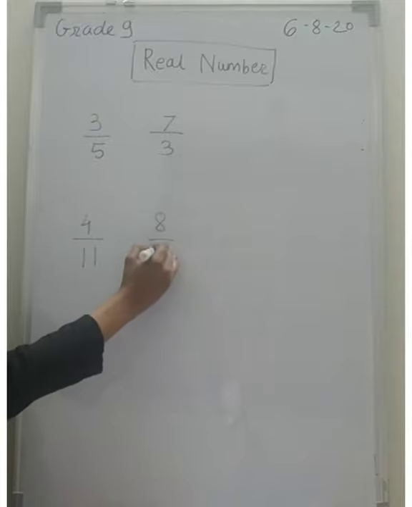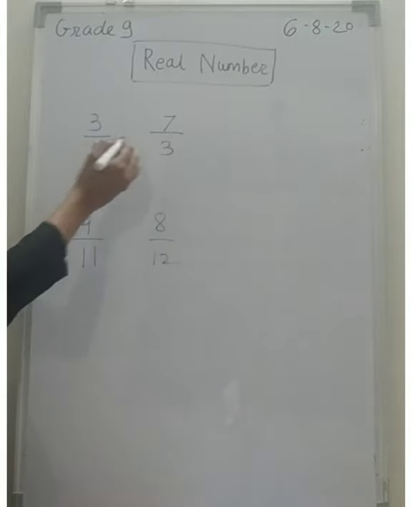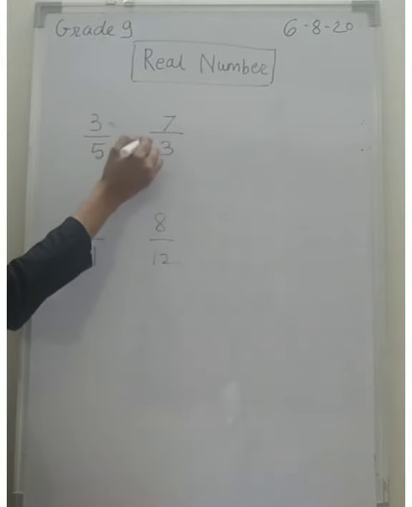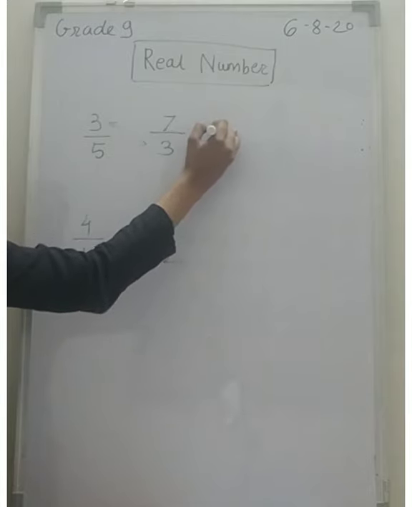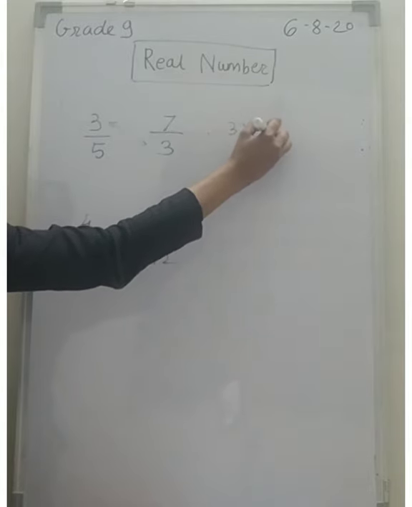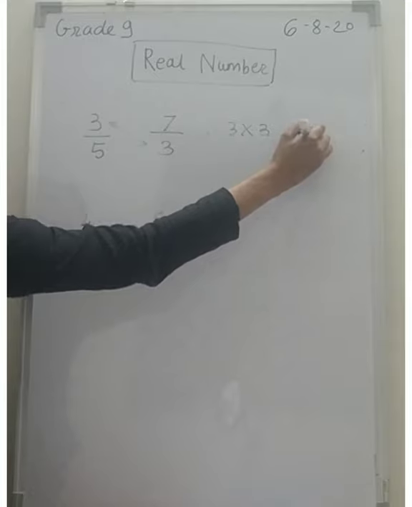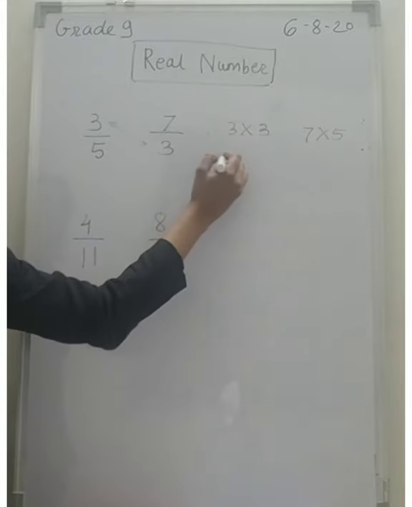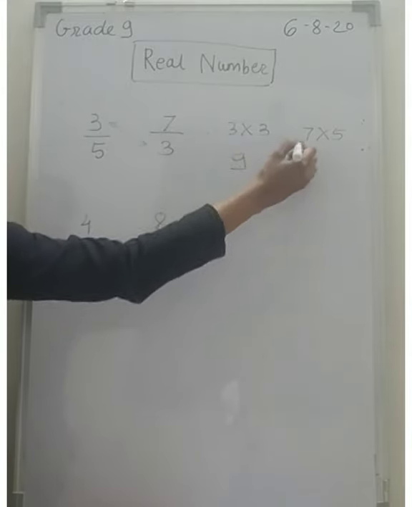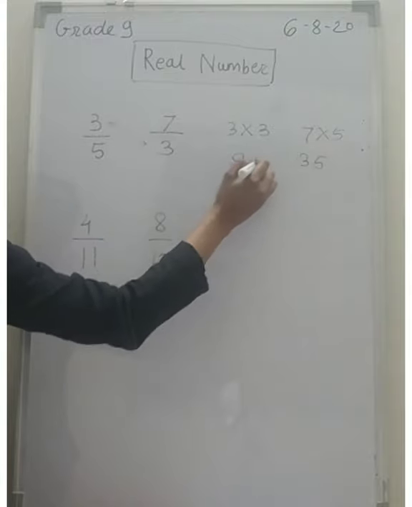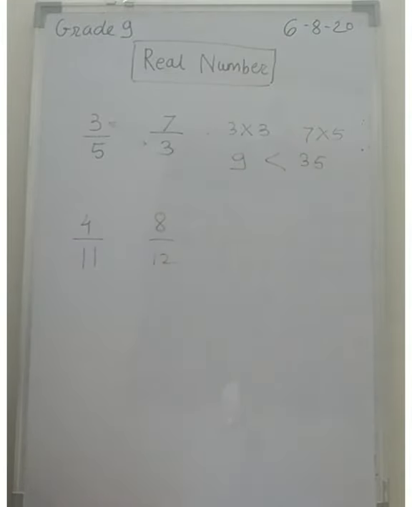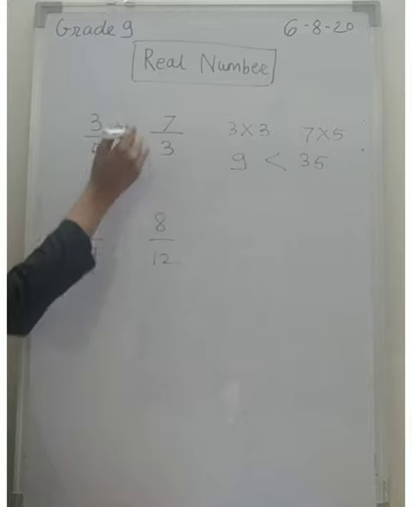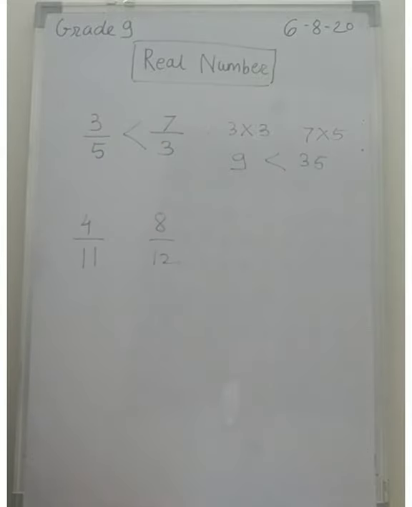So 3 into 3, cross multiplication: 3 multiplied by 3 and here 7 multiplied by 5. Now 3 3s are 9 and 7 5s are 35. 35 is greater than 9. Therefore, this number 7 by 3 is greater than 3 by 5.